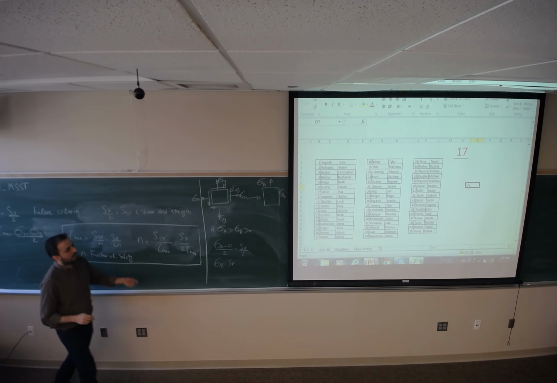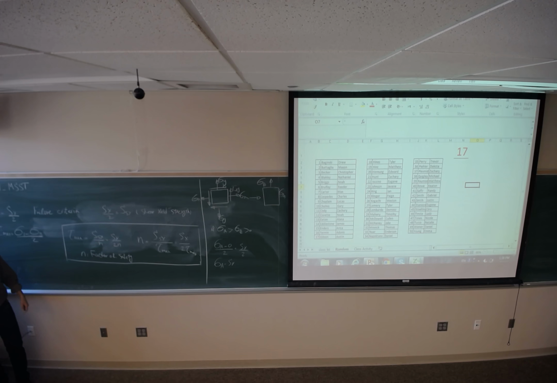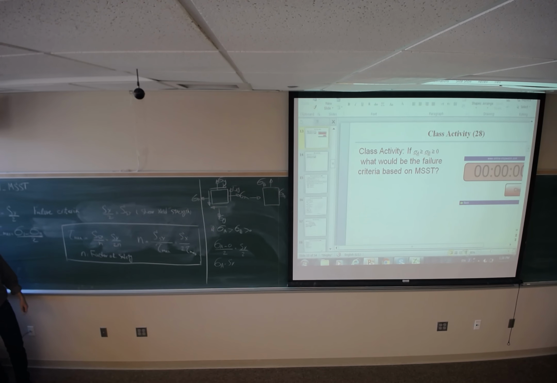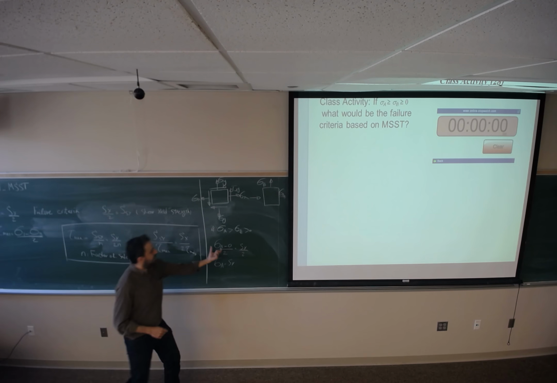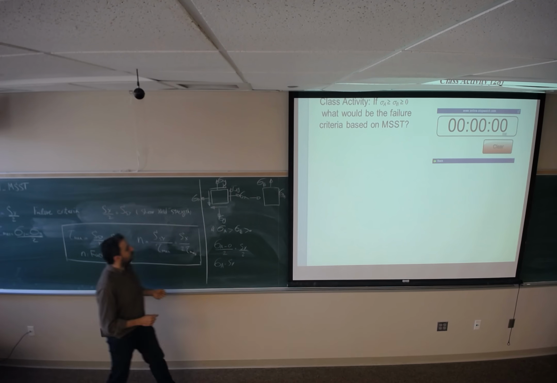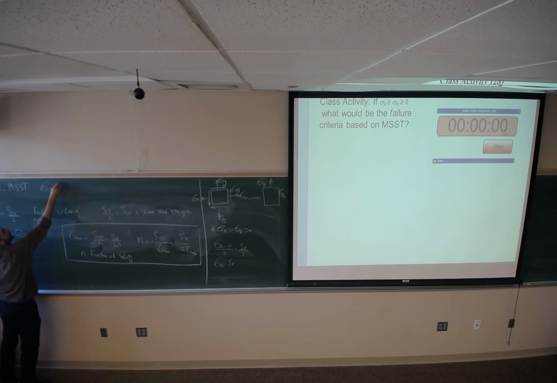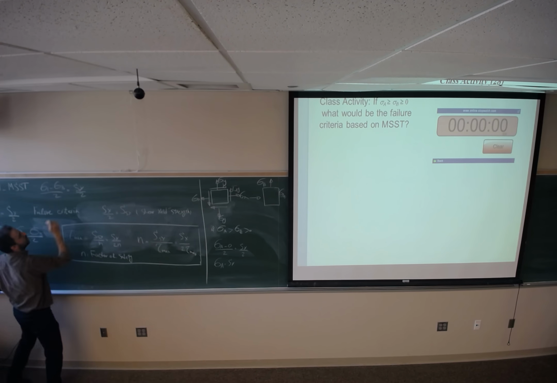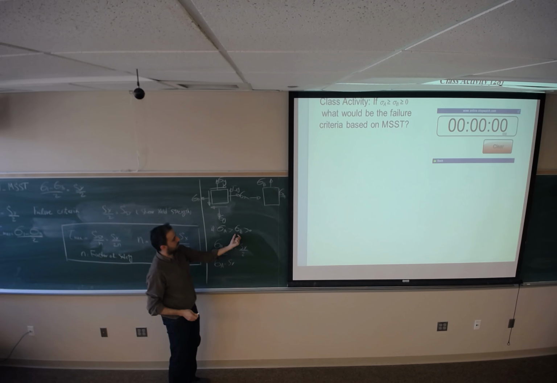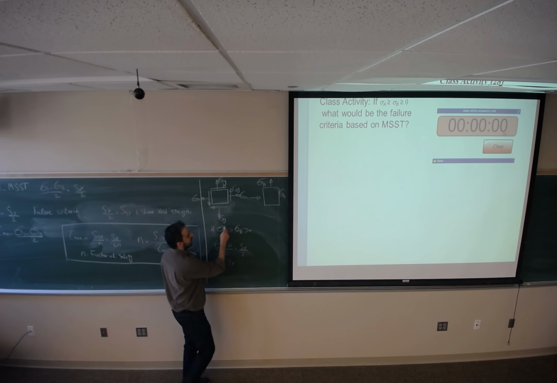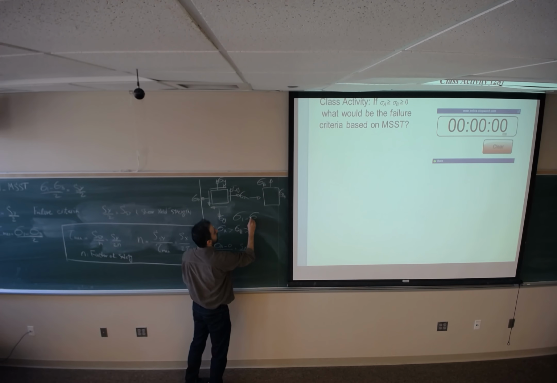As Austin said, we are looking for this. Set sigma 1 minus sigma 3 divided by 2 equal to Sy divided by 2. Sigma 1 is the greatest, sigma 3 is the smallest value. So the greatest is going to be sigma A, and 0 is going to be sigma 3.